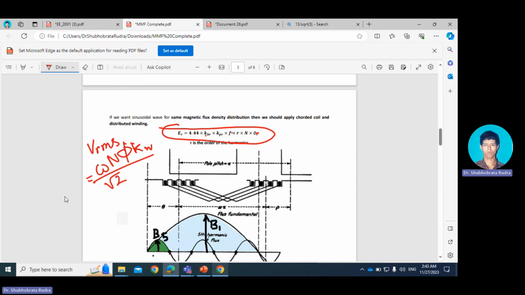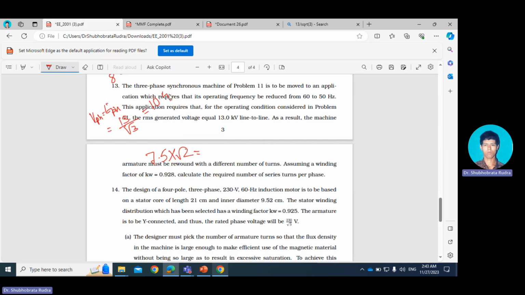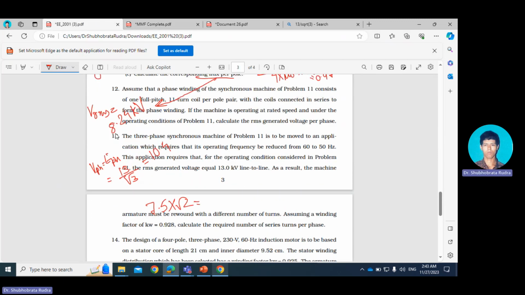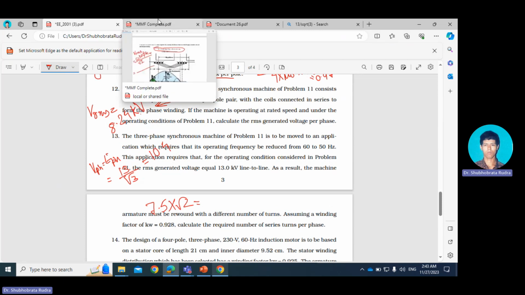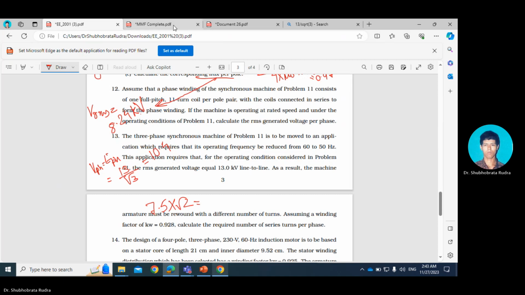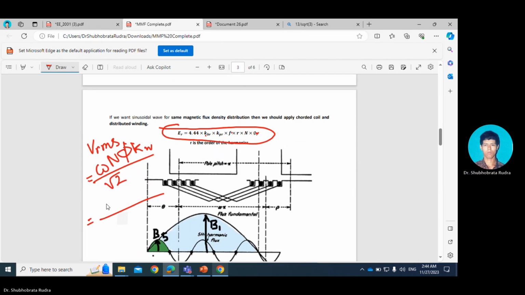Let me see what we are getting here. If we put the values, let me just check whether we get 8.24 kilovolt for this problem or not. Here, omega needs to be calculated.